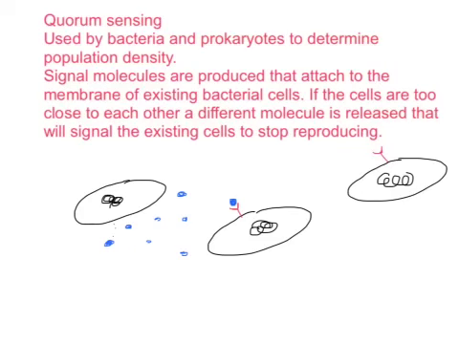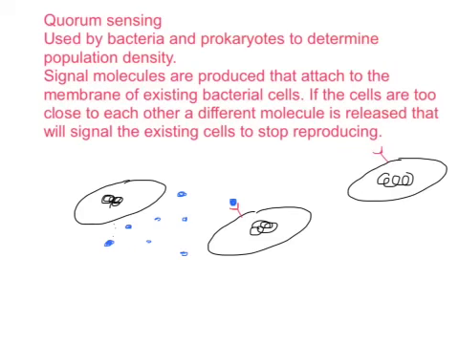Now, if the message gets there quickly and there is a lot of the signal molecule, it triggers the shutdown of reproduction in the existing bacterial cells. So they stop producing individuals and they stop overpopulating the area.